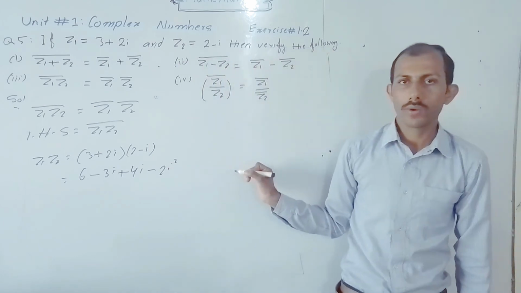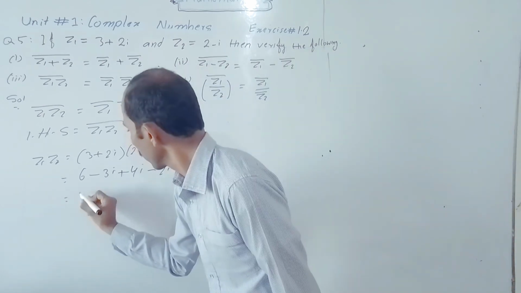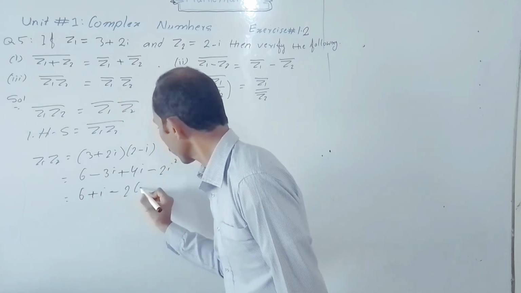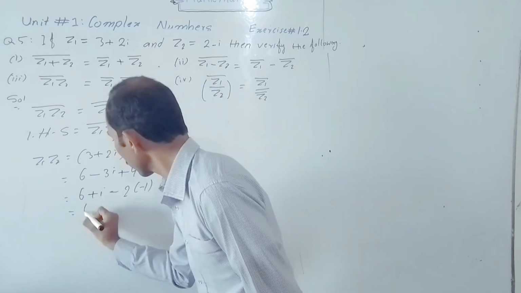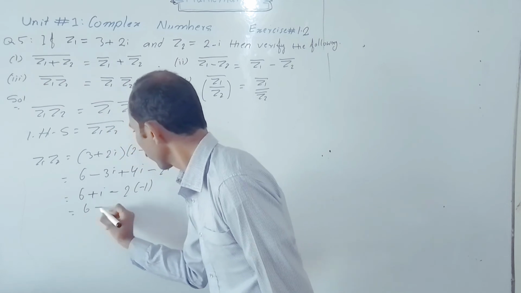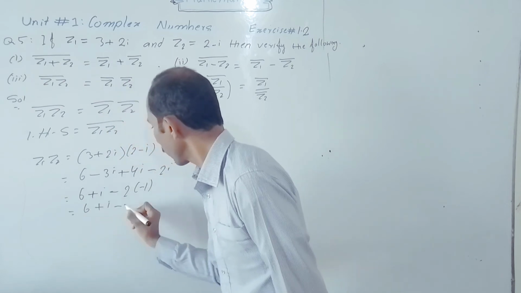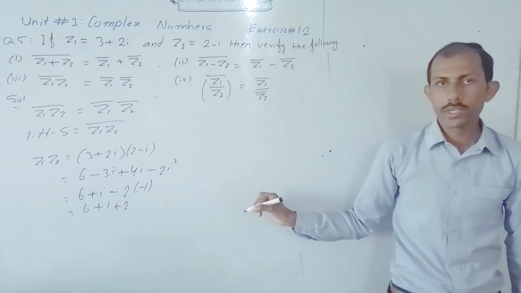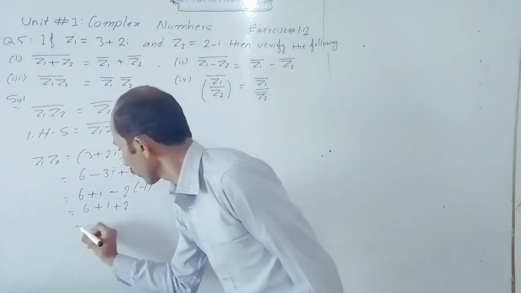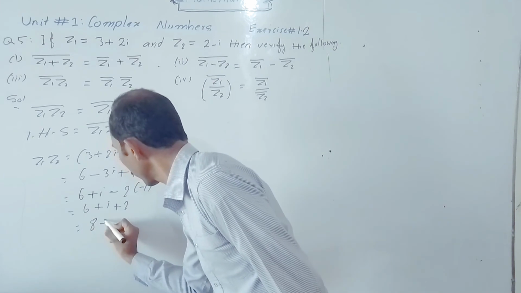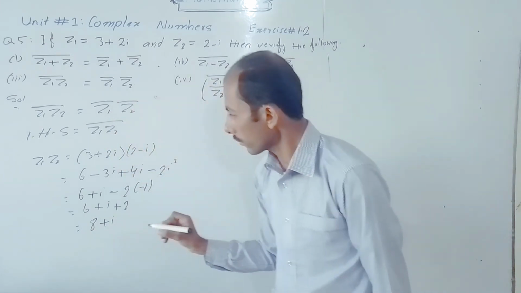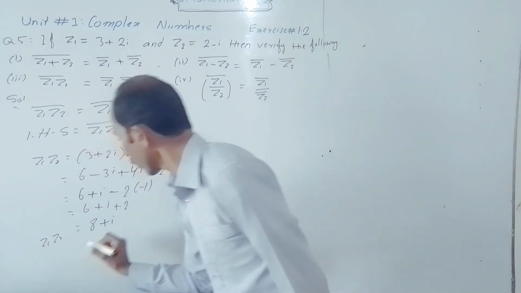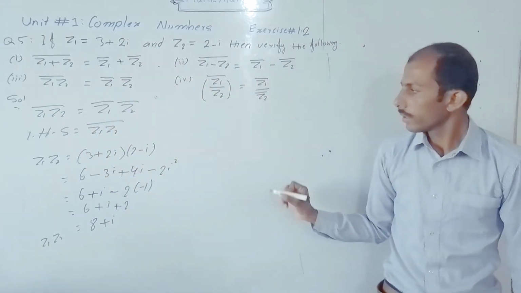So which is equal to 6 plus i minus 2i squared, where i squared is equal to minus 1, which is equal to 6 plus i plus 2, so 6 plus 2 is equal to 8, so 8 plus i. Z1 Z2 is equal to 8 plus i.